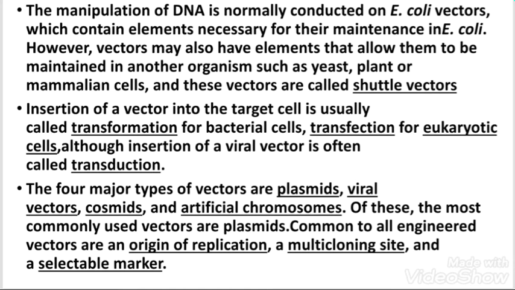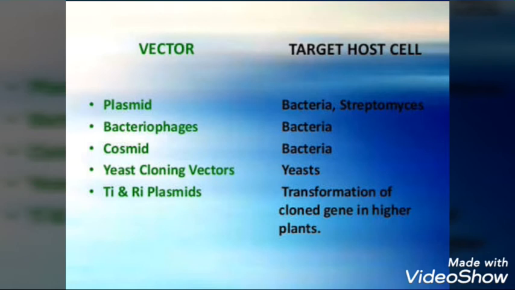How many types of vectors are there? There are 4 major types: plasmids, viral vectors, cosmids, and artificial chromosomes. Of these, the most commonly used vectors are plasmids. Here is one important slide, the vector and target host cell.